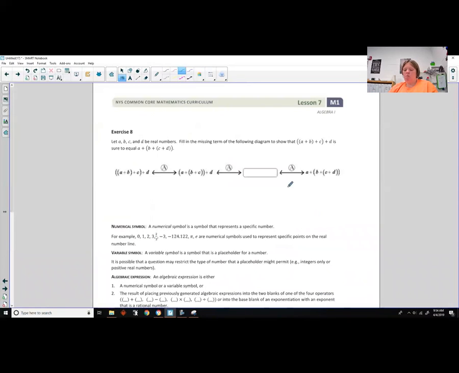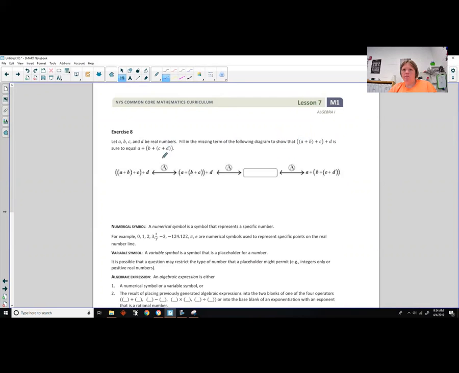Moving on, exercise 8. It says let A, B, C, and D be real numbers. Fill in the missing term of the following diagram to show that the quantity A plus B plus C, all done before adding D, is sure to equal A plus the quantity B plus another quantity C plus D. So A, B, C, D, A, B, C, D. The orders didn't change, so it's not commutative.